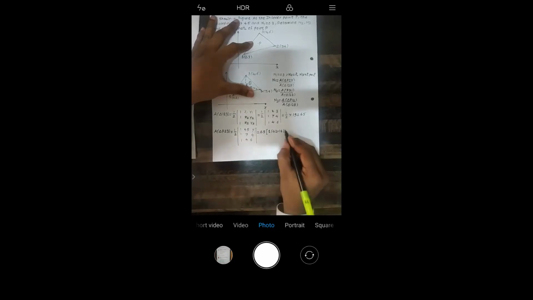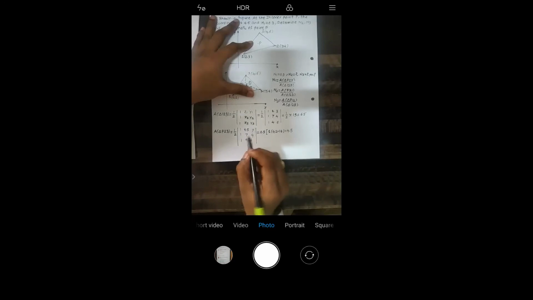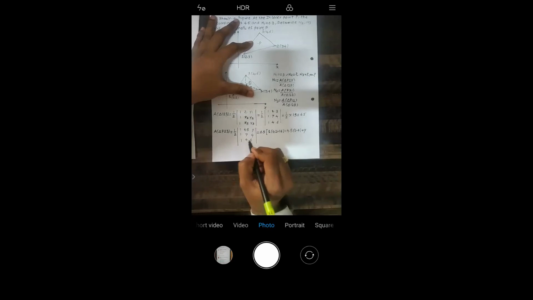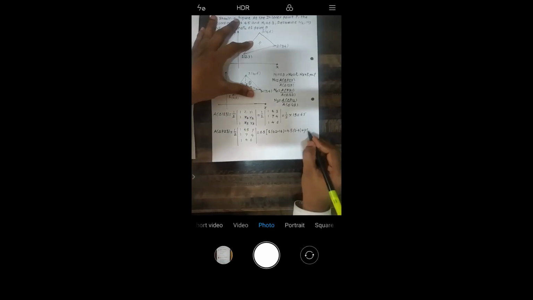Minus 4.5, this row and this column get cancelled: 6 minus 4. Then plus y, this row and this column get cancelled: 4 minus 7.